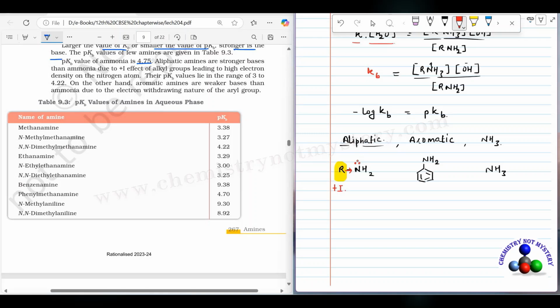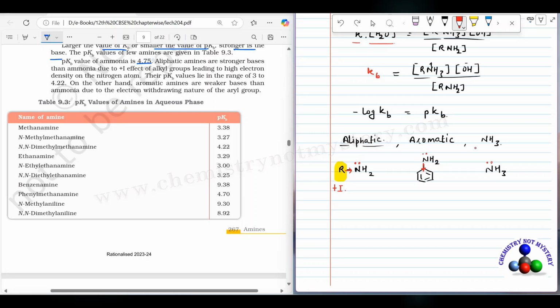Now come to the aromatic amine. In aromatic amine, the benzene ring is bonded to nitrogen and this benzene ring withdraws electron density from nitrogen. So these lone pairs over nitrogen will be less available because they are involved in the resonance of the benzene. In case of ammonia, there is no plus I effect.